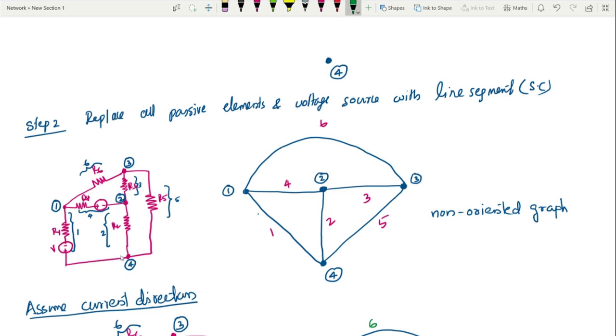So in between 1 and 4, we can replace these circuit elements with a straight line like this. So this is one line segment or one branch. Likewise, we can complete this graph.